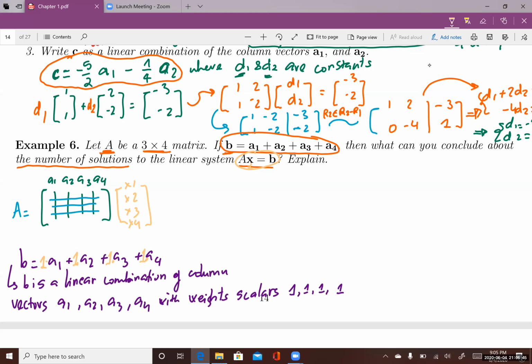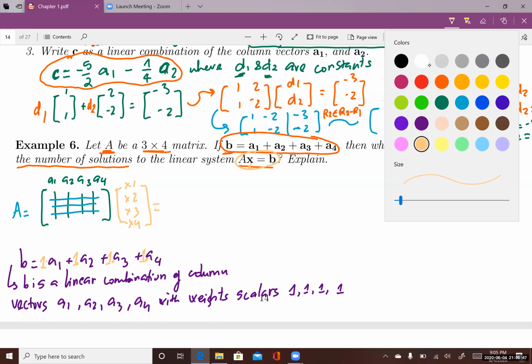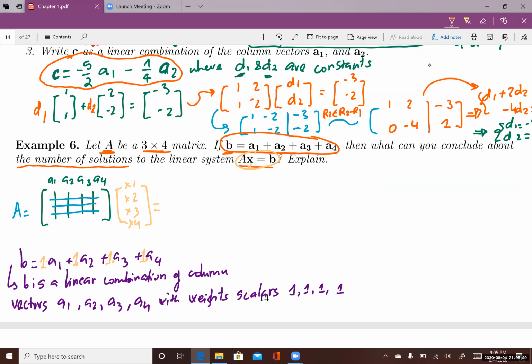Then you set it equal to the vector B. Vector B will have 3 entries, because you have 3 rows, which is 3 equations. So vector B will be a 3 by 1 matrix.